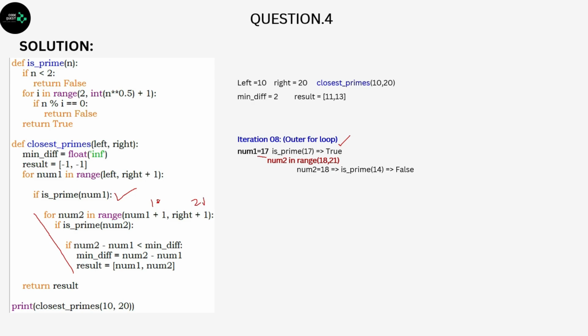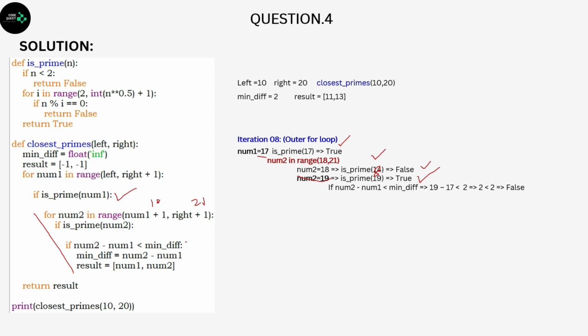So my num2 will start with 18 and go up to 20. The first time when num2 is 18, is prime of 18 is going to give me false. Next time when it is 19, is prime of 19 is true.